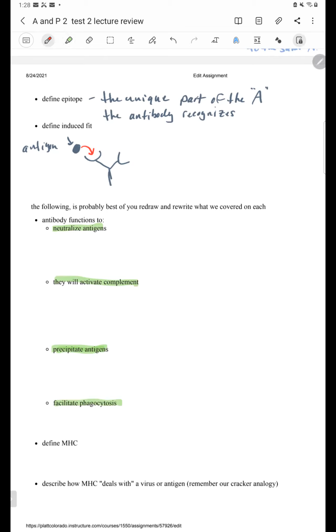So when you neutralize an antigen, that's part of the antigen-antibody complex, right, where there's an actual bond that takes place.